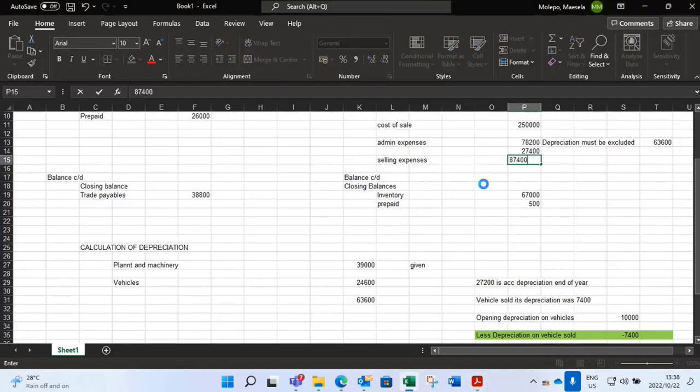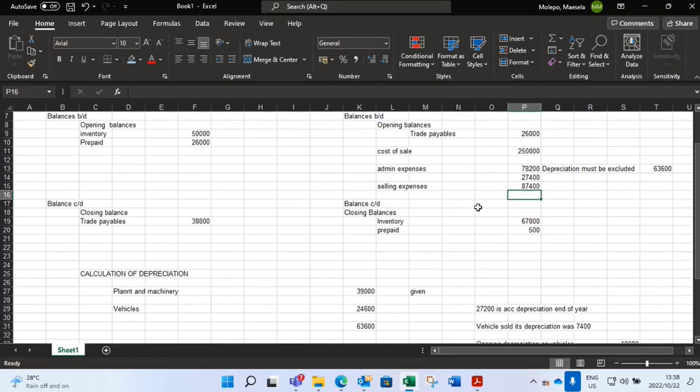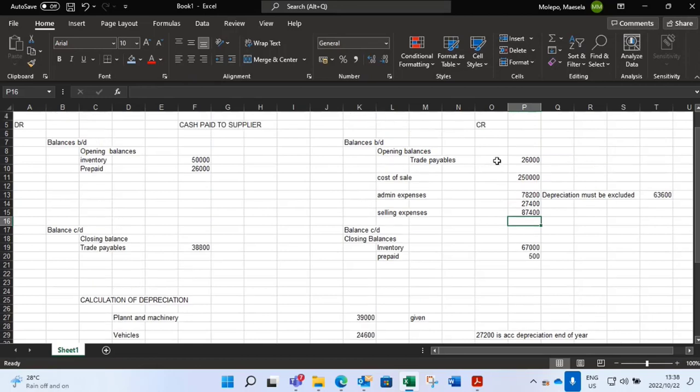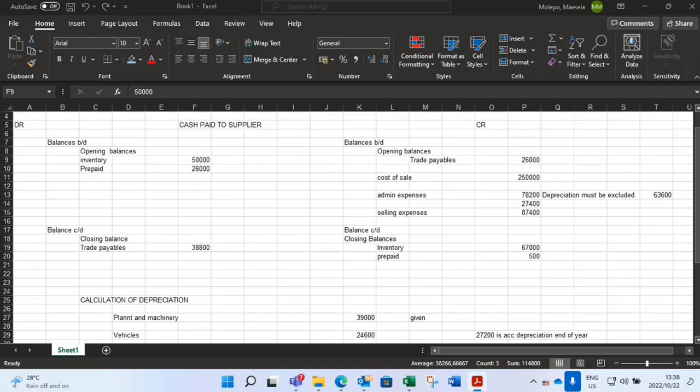So from now on, we can check between the two sides which one is bigger. This one will be big. It's 536,500. This one is 114. So it means the debit side will represent the balancing figure.